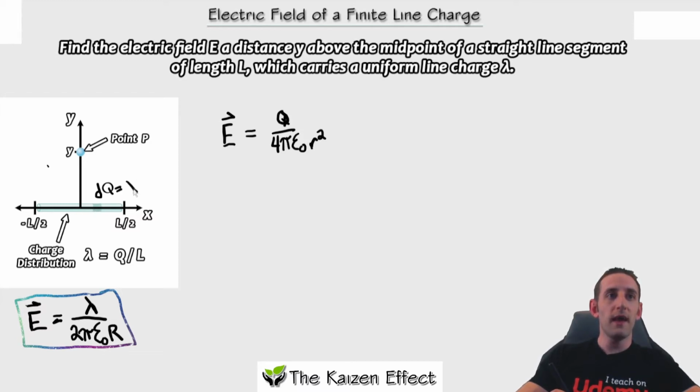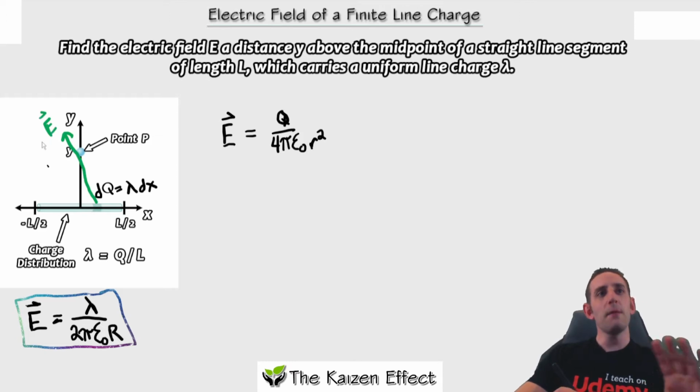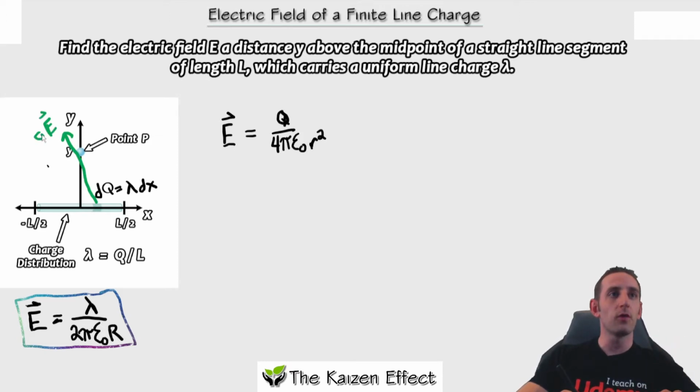And we can define that charge as lambda dx. Now, if we're trying to find the electric field on this point P, we know that this guy is going to impart an electric field that goes whoop, just like that. Okay? We're going to call this E. So it has a partial contribution, we'll call dE, to that point.